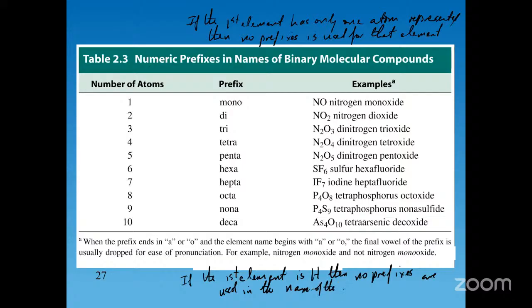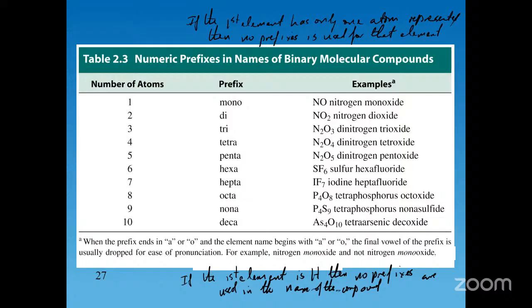Basically what we're saying here is that if hydrogen is the first element in the formula, then you do not use any prefixes at all for the entire compound. And we're going to see some examples of that.